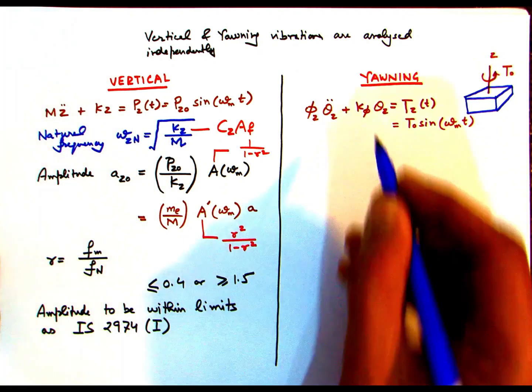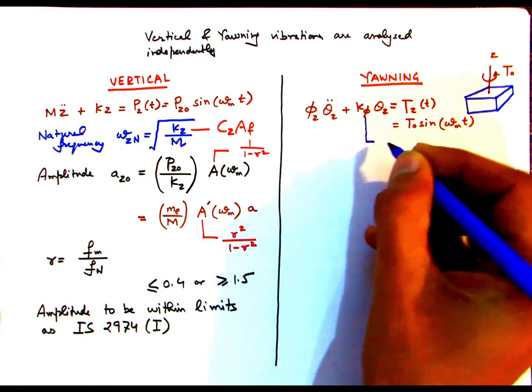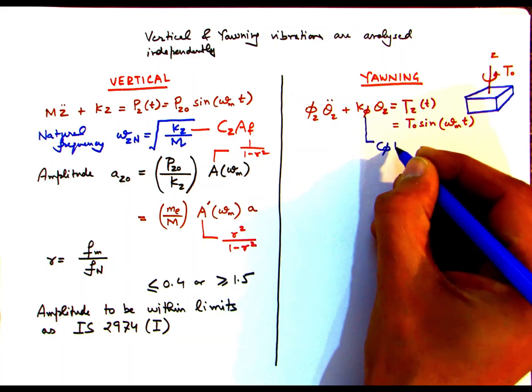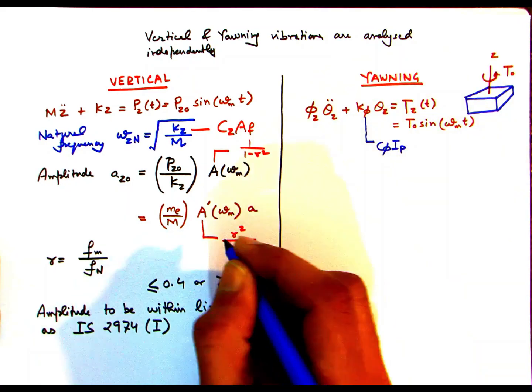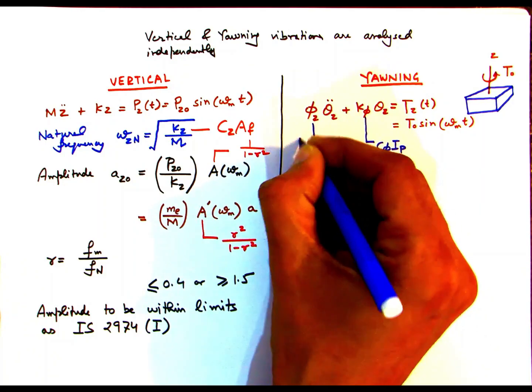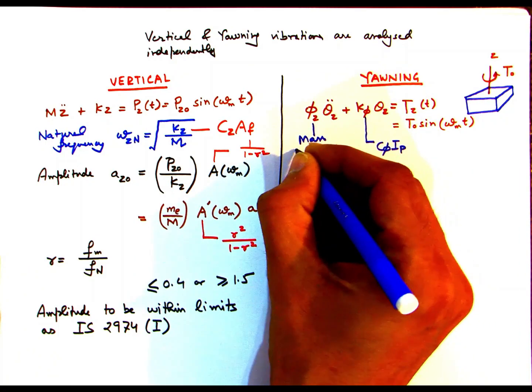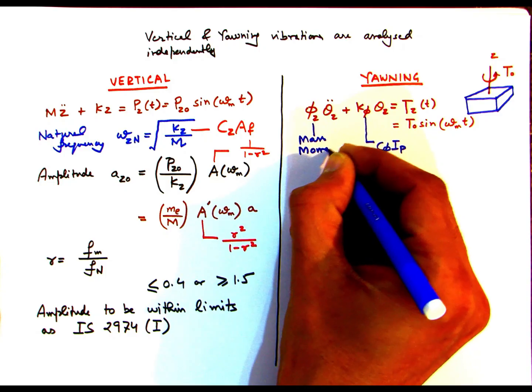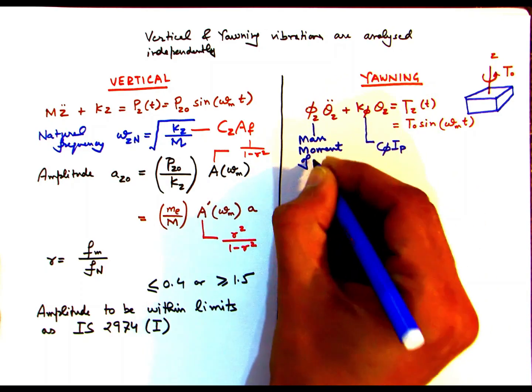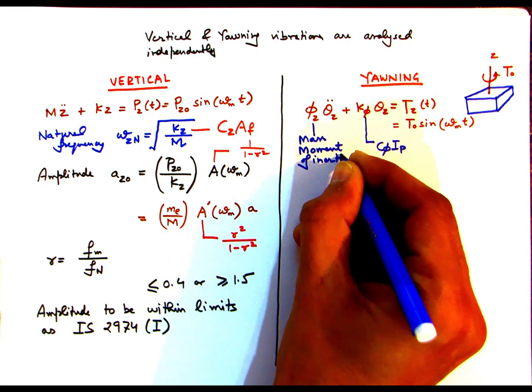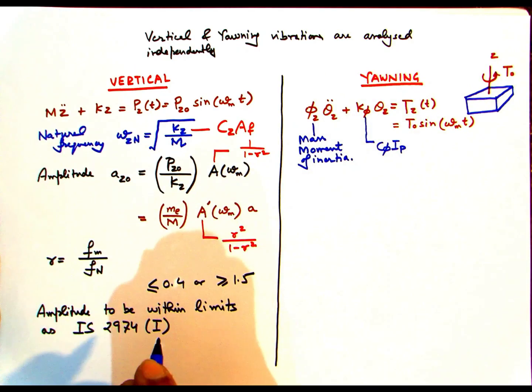So here the solution is very much similar to the case of the vertical vibrations. So the k phi, the stiffness, is basically c phi into the polar moment of inertia we have already explained, and phi z is the mass moment of inertia. All these terms are already explained to you.